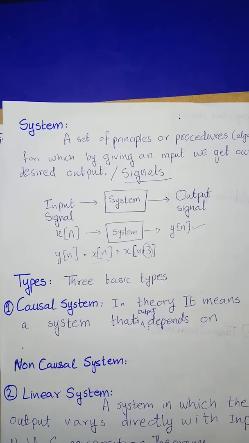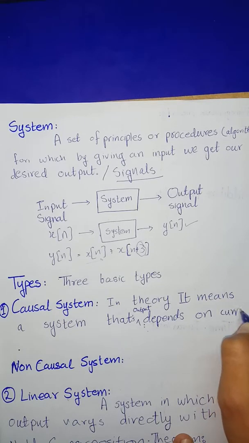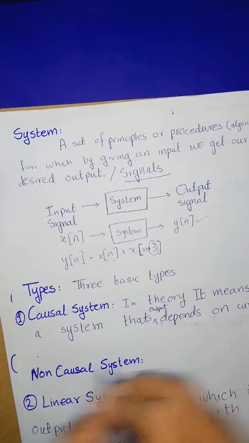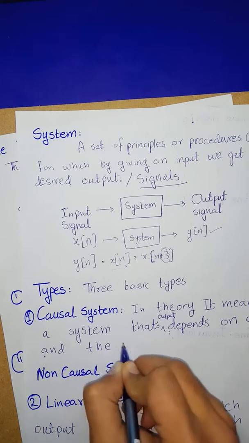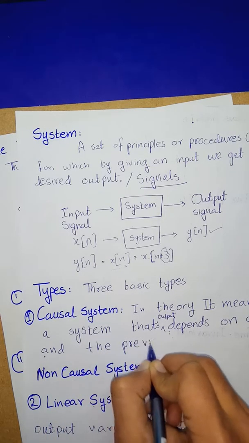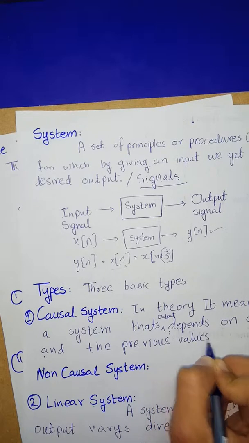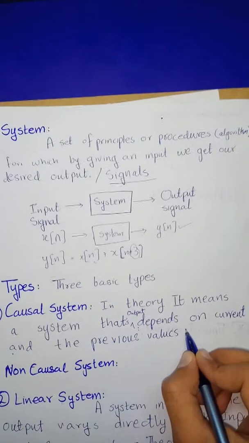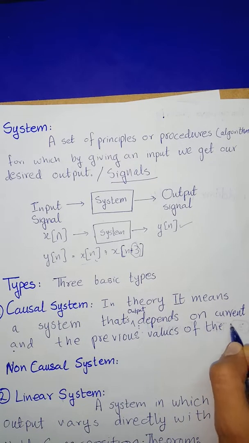In theory, a causal system means a system whose output depends upon the current and the previous values of the input.